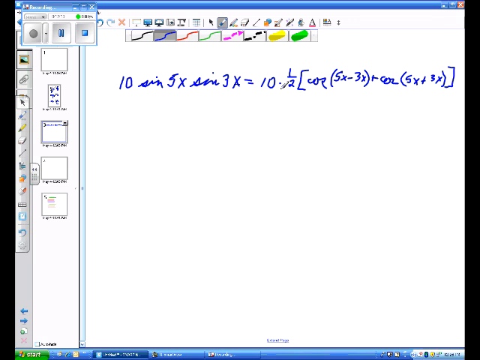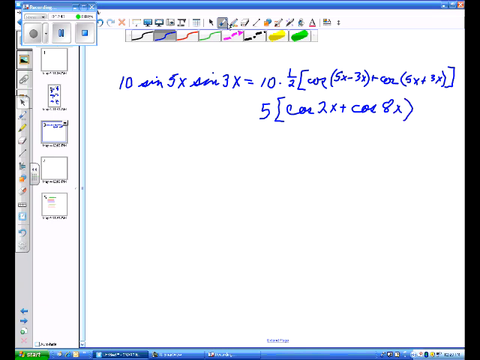Okay, now we've got some multiplication out here that's outside the parentheses. We know we're to do the parentheses, but this is outside, so 10 times 1/2 would be 5. And then what we have is the cosine, 5x minus 3x is 2x. 5x plus 3x is 8x.